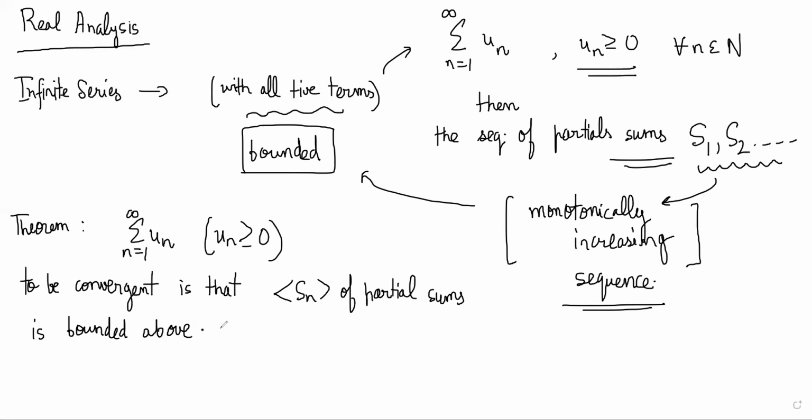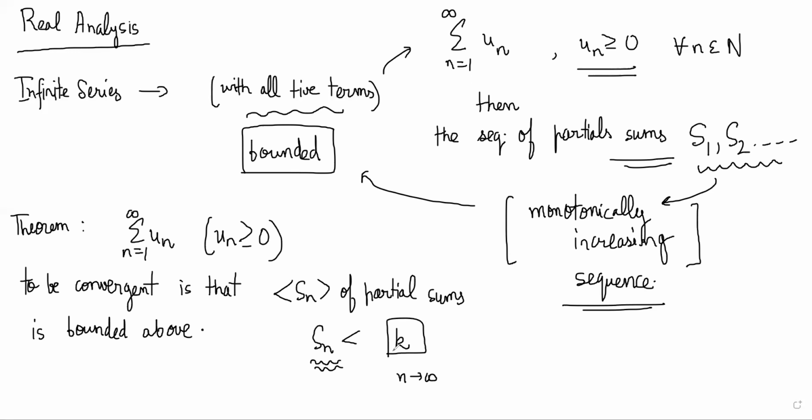That means Sn is always less than some number, no matter what n you take. Even if n tends to infinity, Sn should be less than some number.